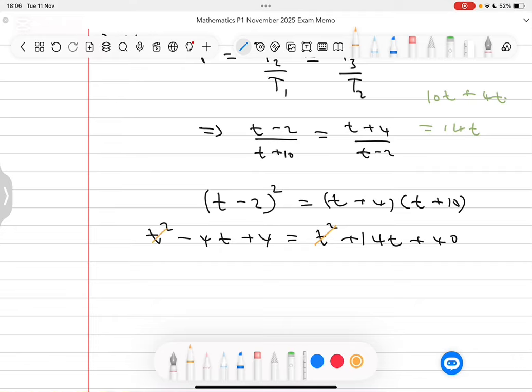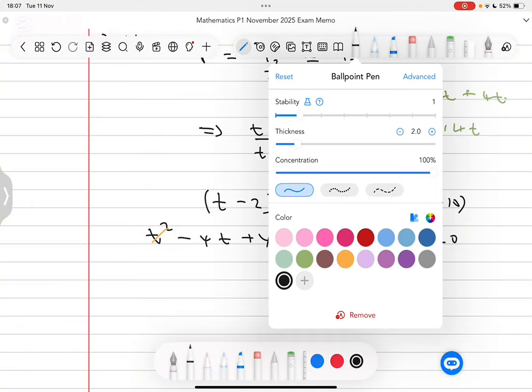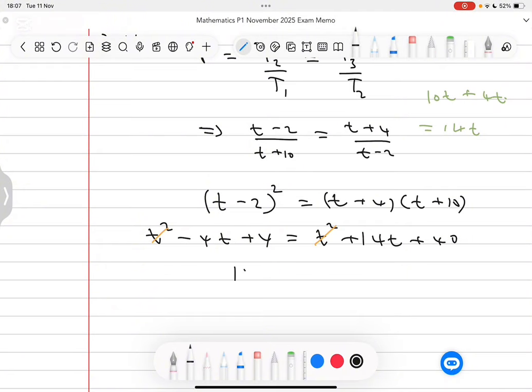I can see that the t squared and the t squared cancel each other out. Then I'm going to group the terms that have a variable t. So I'm going to take the 4t to this side so that I have a plus 4t here. So 14t plus 4t should give me 18t.